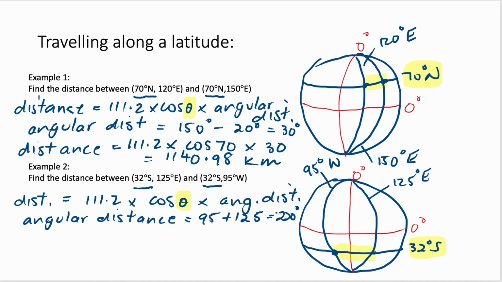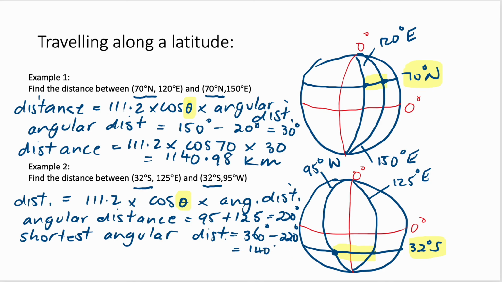So when your angular distance comes up over 180 degrees, we use the shortest angular distance. This only happens when you're traveling on a latitude, not on a longitude. So we go 360 minus 220 degrees, which is 140 degrees, and that is the angular distance we put into our formula.